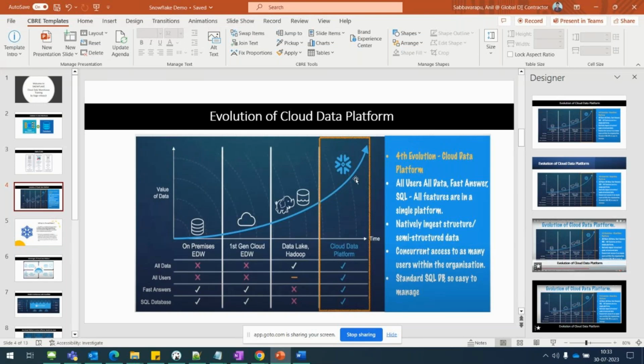There is no latency, and because it is cloud, you can scale whenever you want. And more importantly, it supports all kinds of data: semi-structured, structured, and unstructured data, right? So I will take a pause at this moment and see if you have any questions.